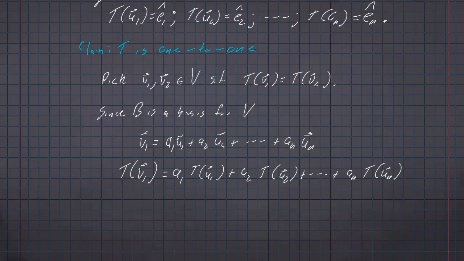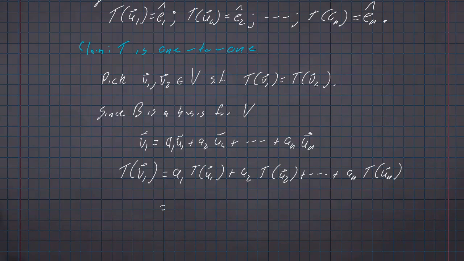I'm skipping the step where I substitute that in because this is going to take a lot of writing as it is. But you can use the linearity to split up your linear transformation over the linear combination.